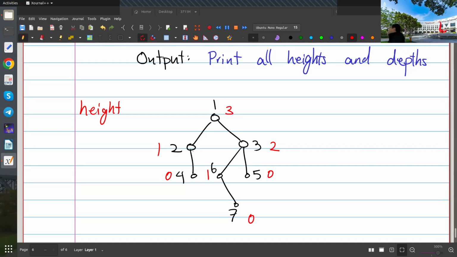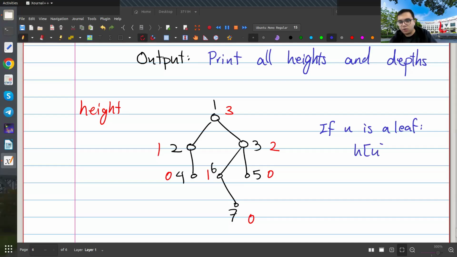So what I'm actually doing is a bottom-up dynamic programming. I'm doing dynamic programming, but I'm starting at the bottom of my tree. So this is what I'm saying. If some vertex U is a leaf, if it doesn't have any children, then the height of U is 0.